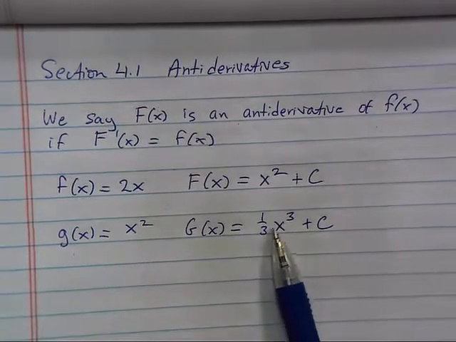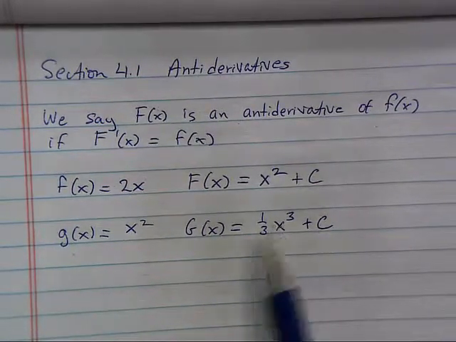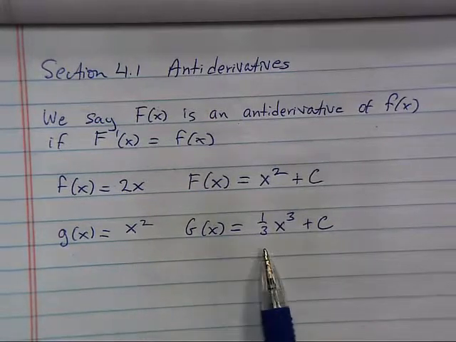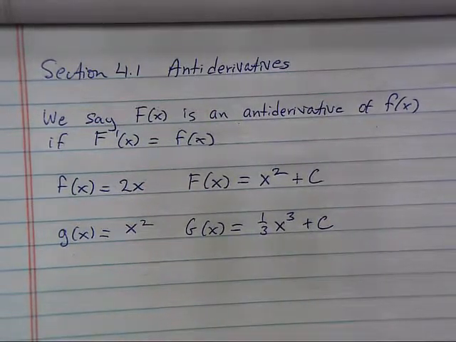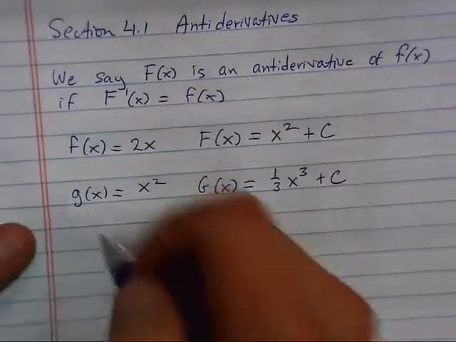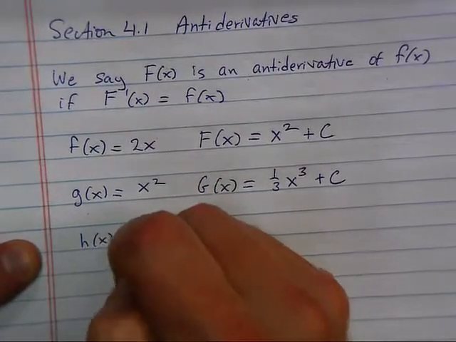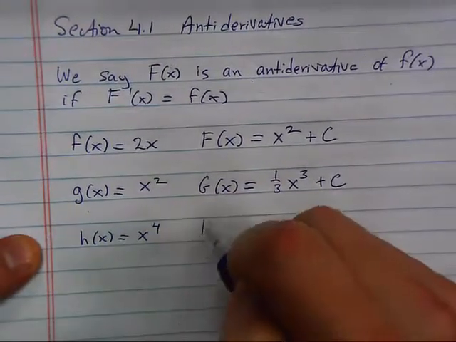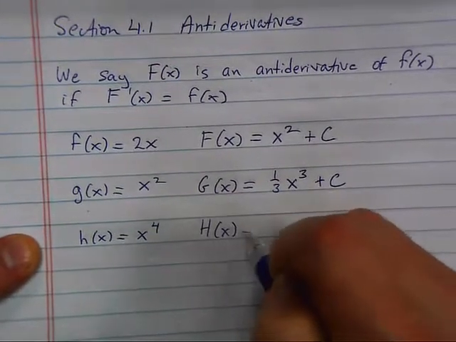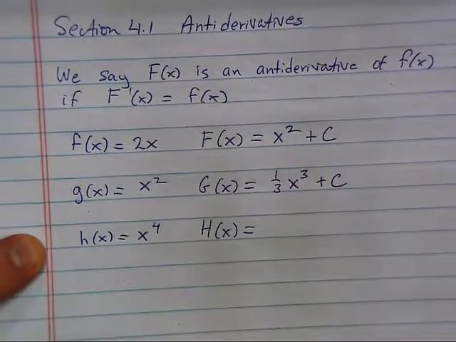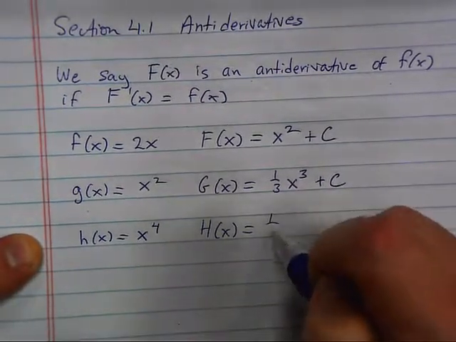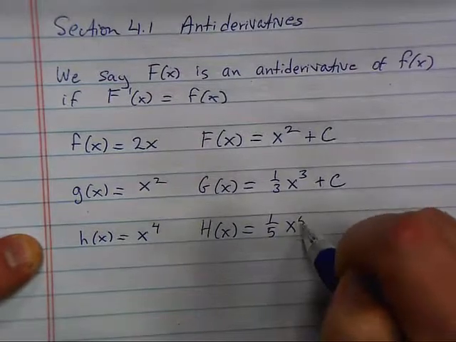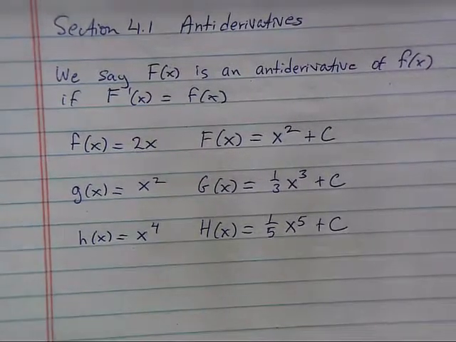And the 3 and the 1/3 are going to cancel out. So the antiderivative of x squared is 1/3 x cubed plus c. I agree completely. How about if h of x is x to the 4th? Then the antiderivative of x to the 4th is 1/5 x to the 5th plus c.